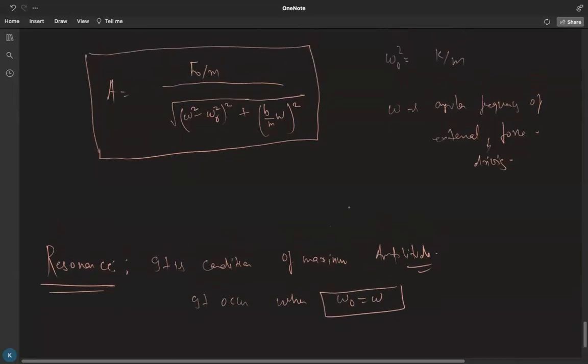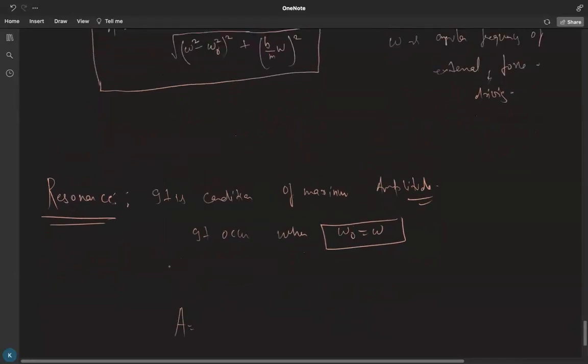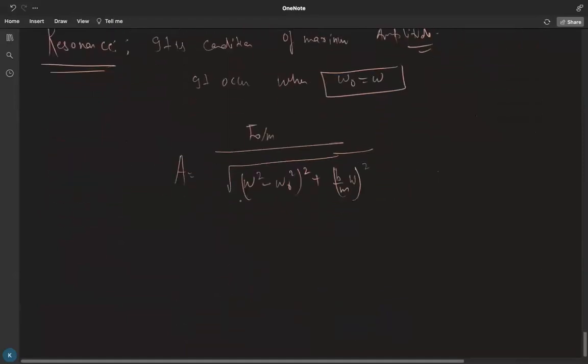Look here. We have the amplitude in case of damping, with forced vibration: F naught over the square root of omega square minus omega naught square, whole square, plus b by m into omega, whole square, right? We have a maximum amplitude when the first term becomes zero.